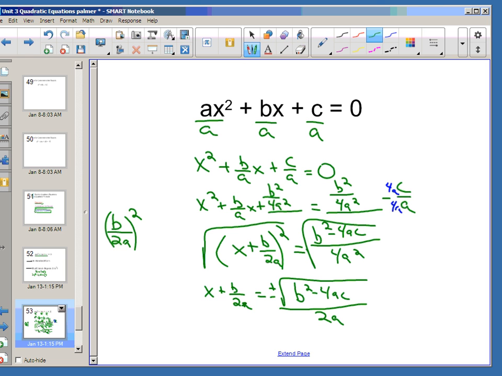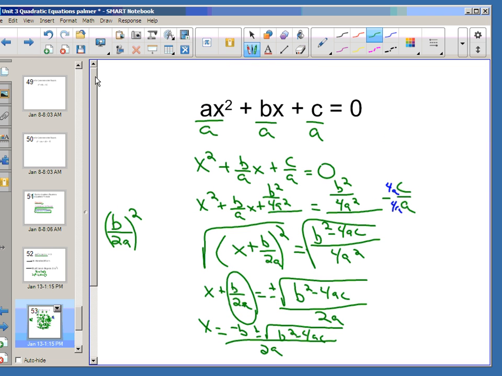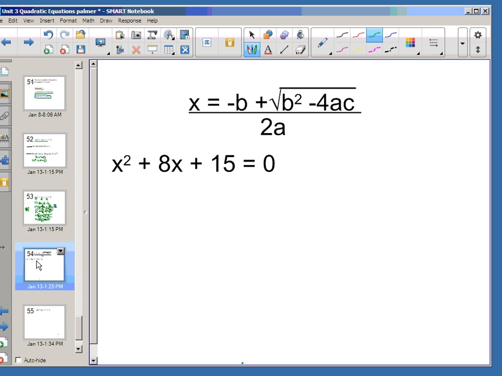So the one last step then is we want to solve for x, we want to get rid of this b over 2a, so x is equal to then negative b, we're going to move it to the other side, plus or minus the square root of b squared minus 4ac all over 2a. Now I know that's crazy. I mean, you're like, how would I ever do that? But I think it's helpful, even though you maybe could never do it yourself, that's where the quadratic formula comes from. Someone just didn't say, oh, this is cool, let's make everybody hate math and come up with this crazy formula.